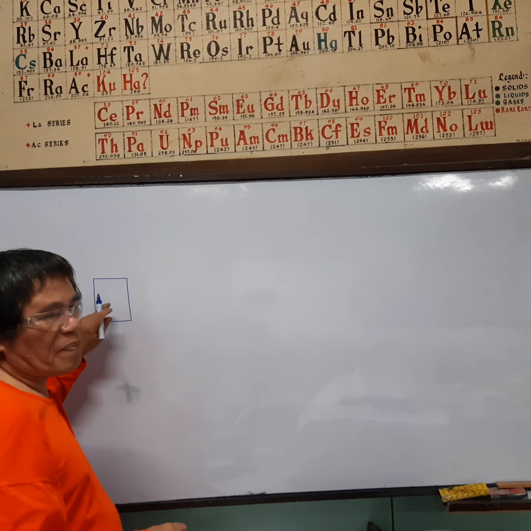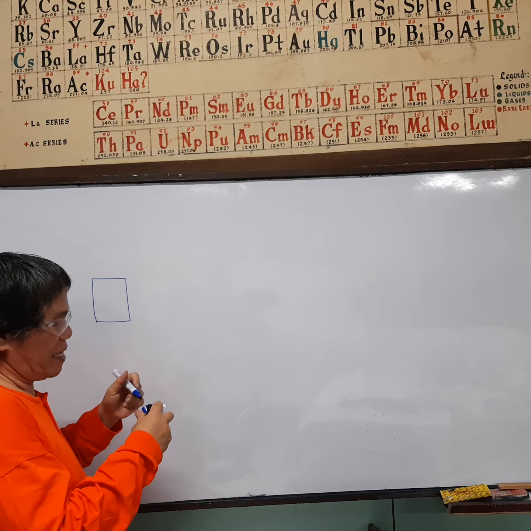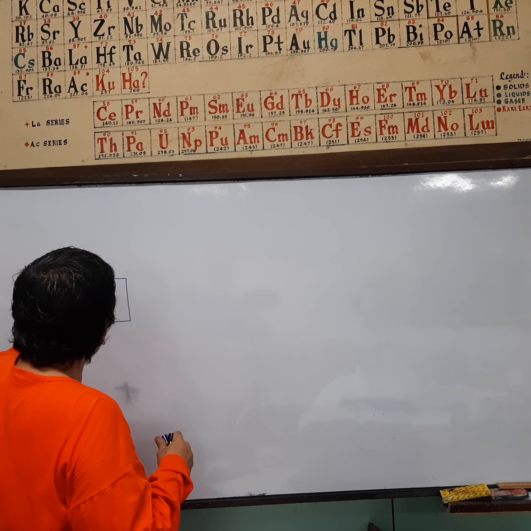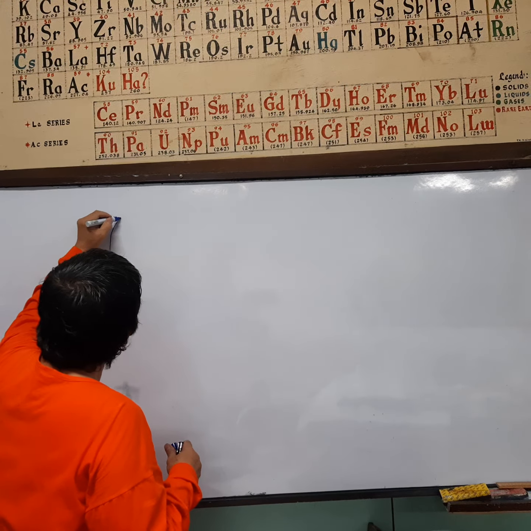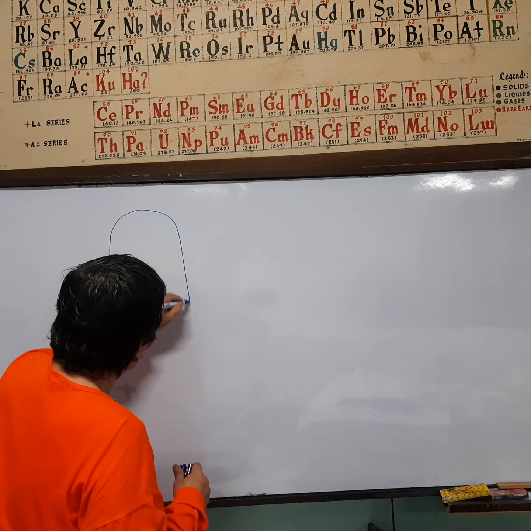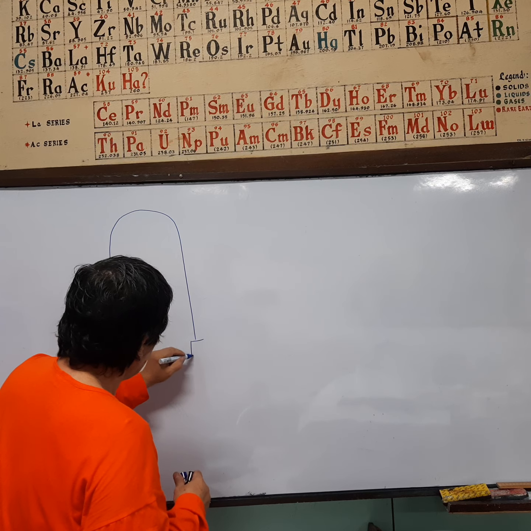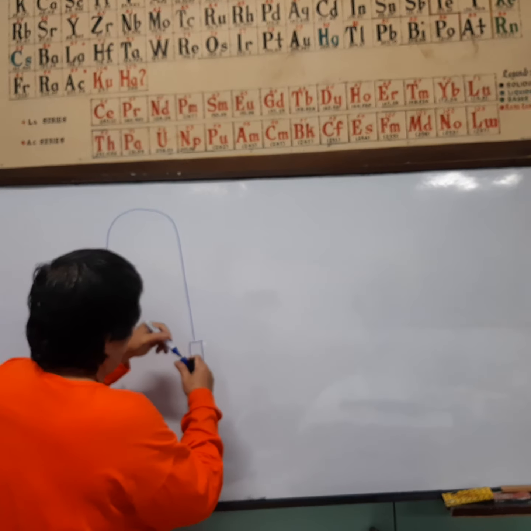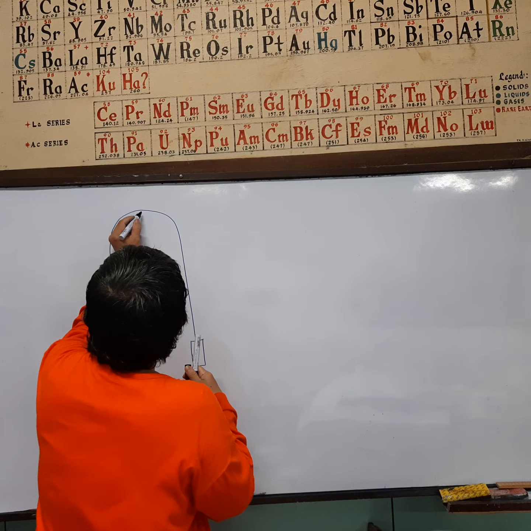The load is here, the passenger or whoever or whatever inside the elevator here. Then you have here the cable wire. This is the counterweight. Of course, you have here the pulley.